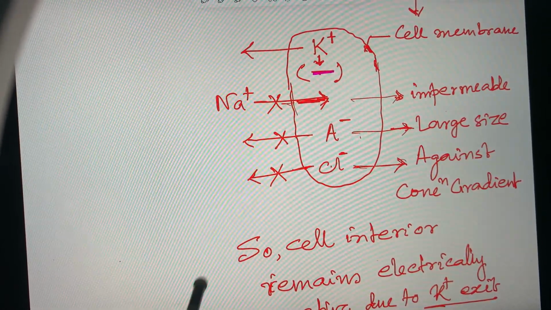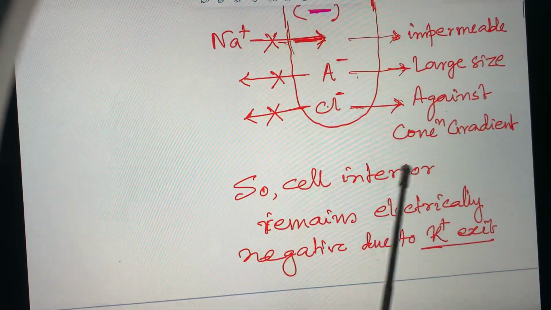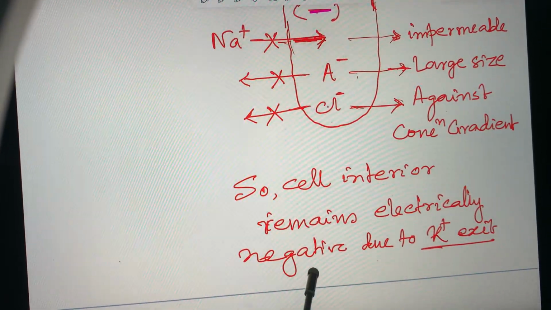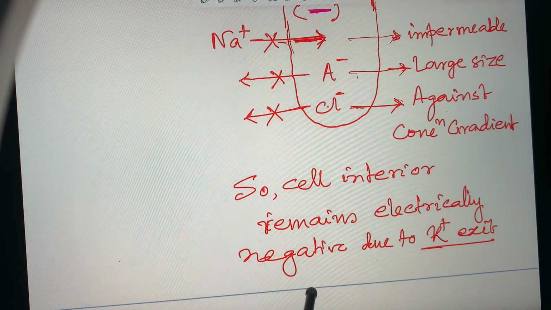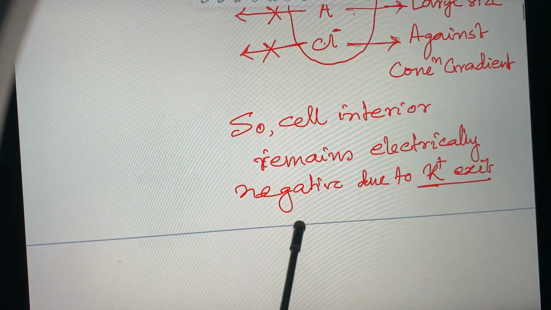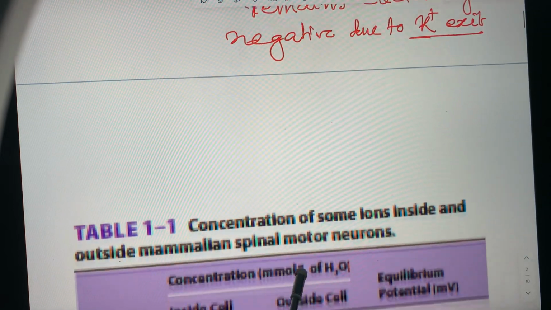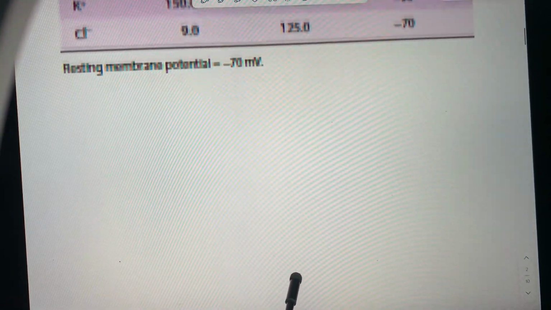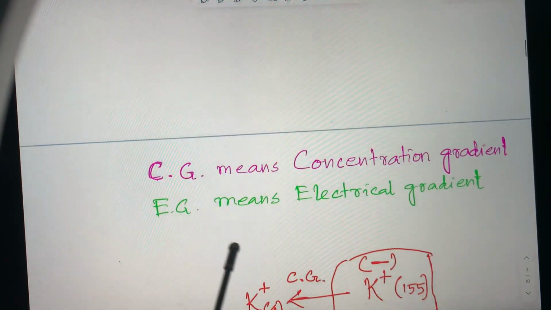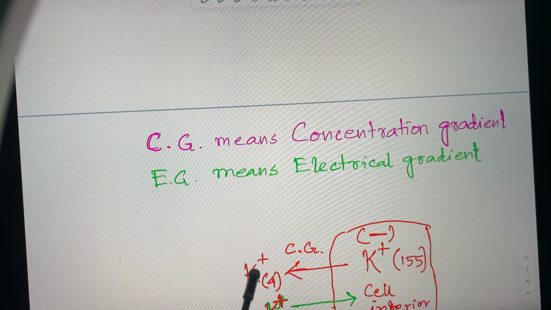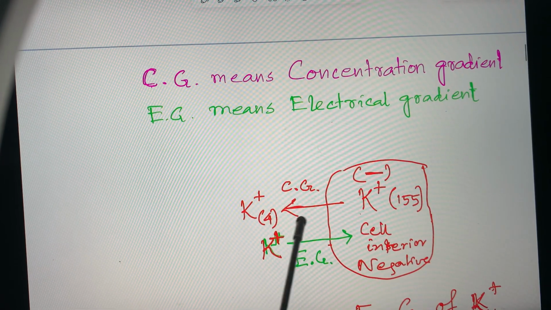So here it is shown that the cell interior becomes electrically negative due to potassium exit, but then the two forces act. Here CG means concentration gradient, so here it is shown more clearly.